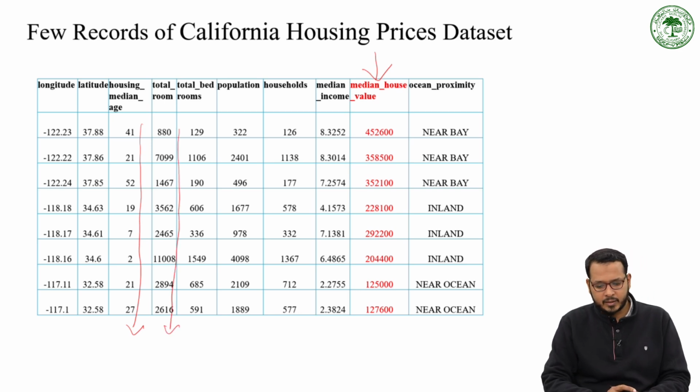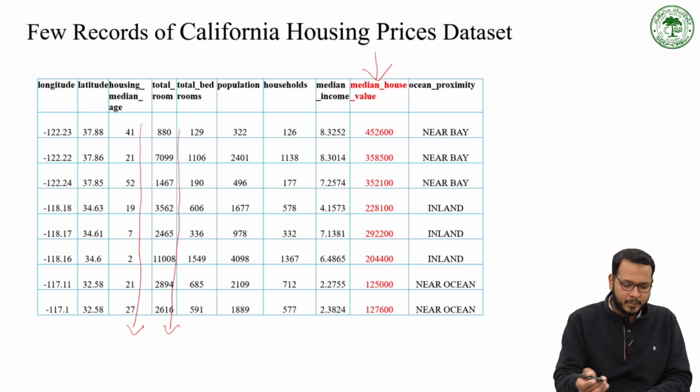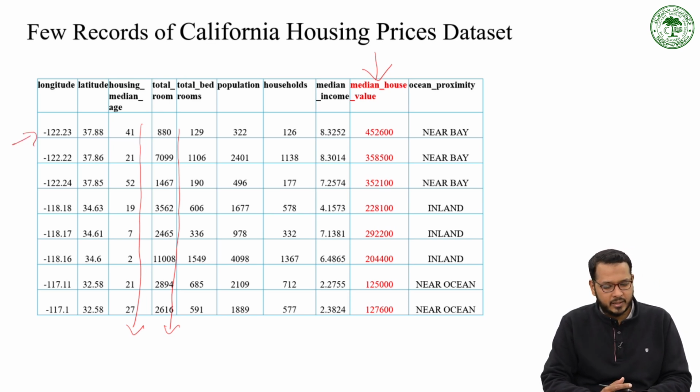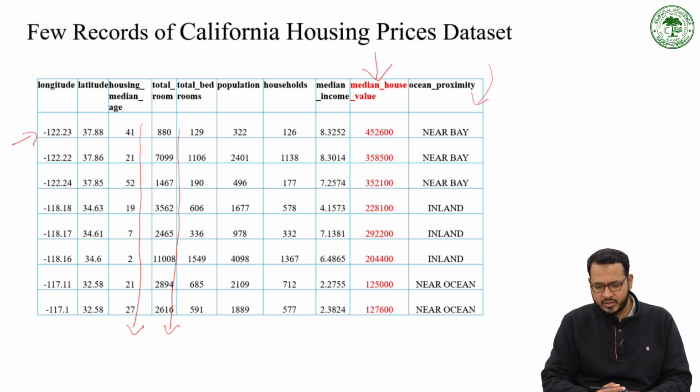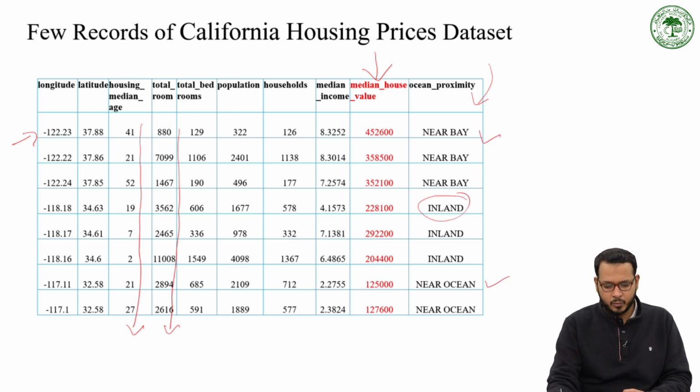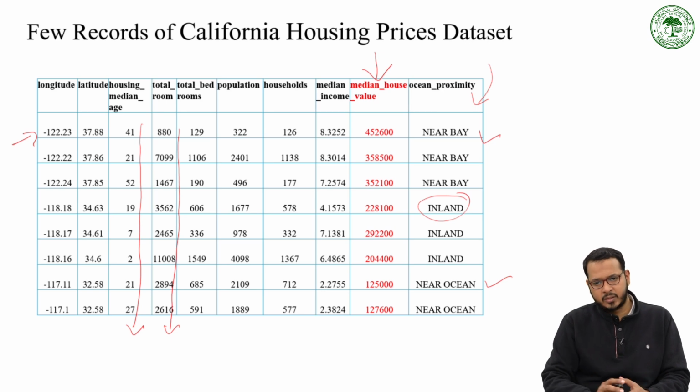And some might be negative also. So longitude values are minus 122.23, and the rest of them are, as you can see, positive. Also, ocean proximity is a categorical feature here which contains the values like the house is near the bay, it is inland, it is near the ocean, and there are some other categories as well.